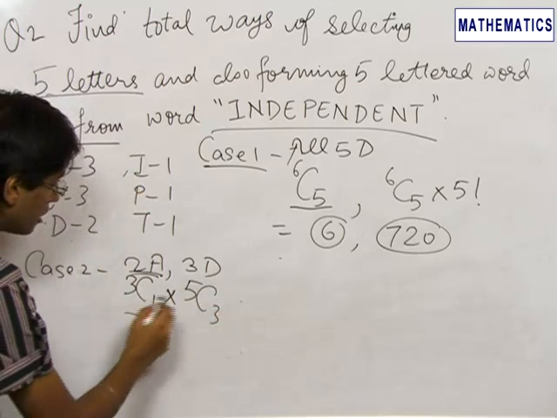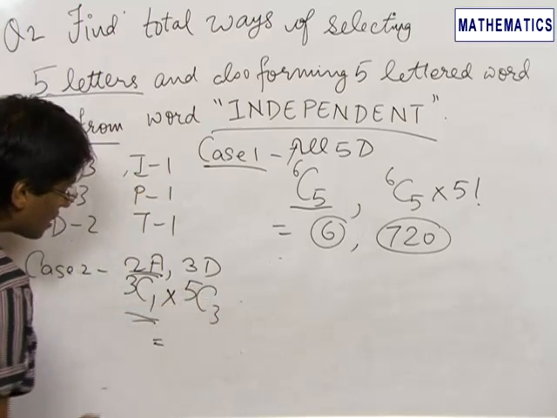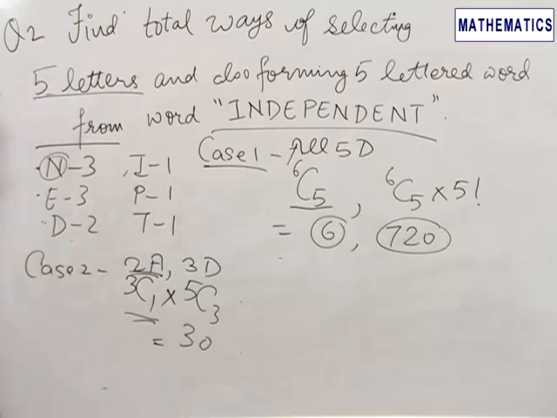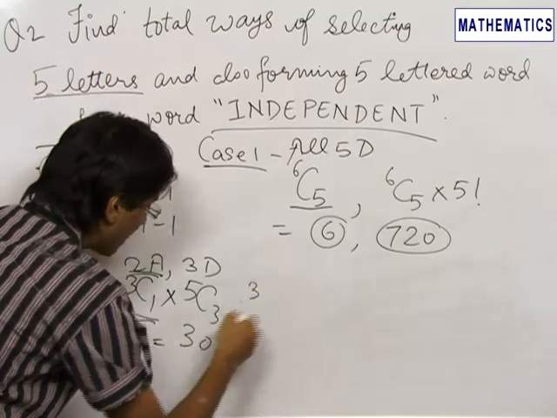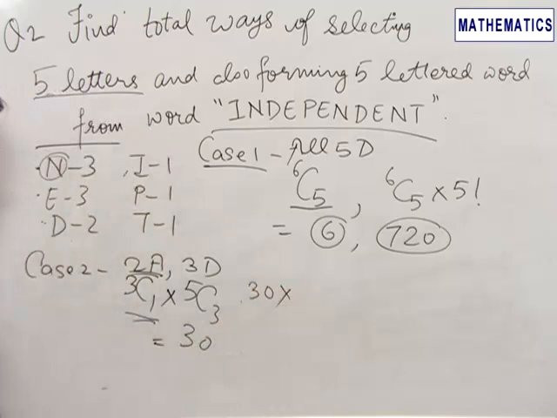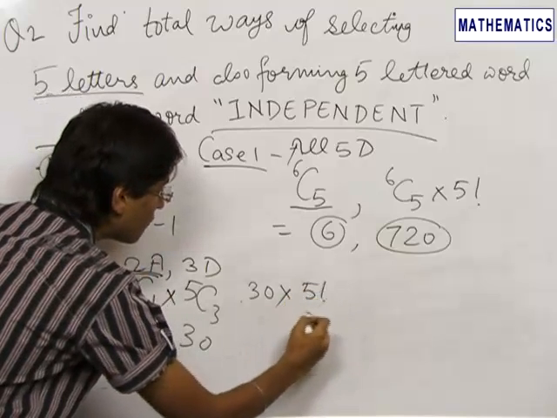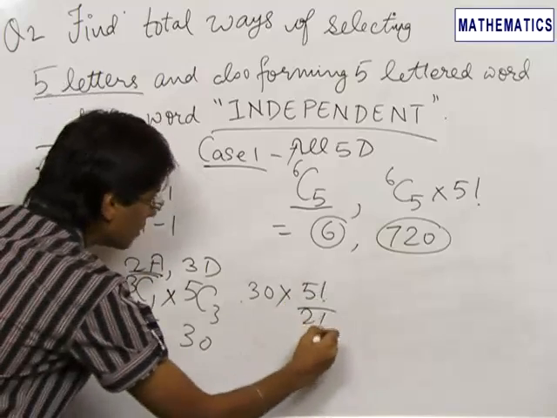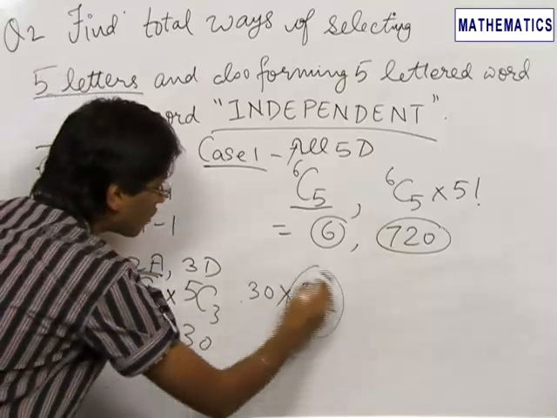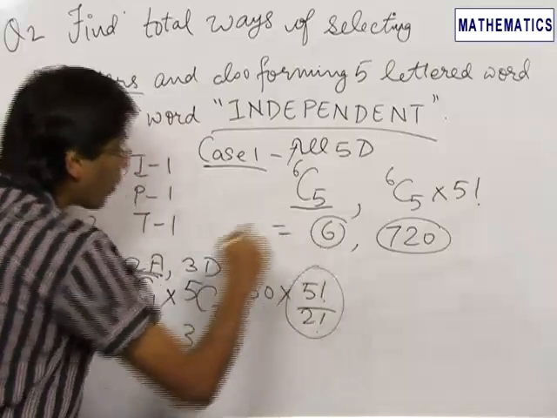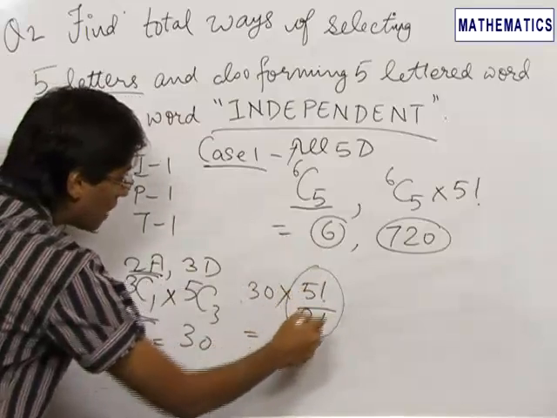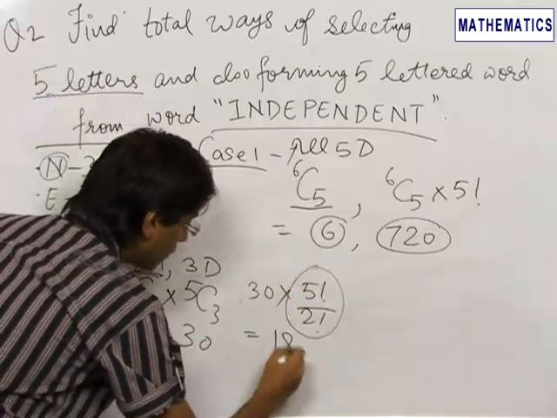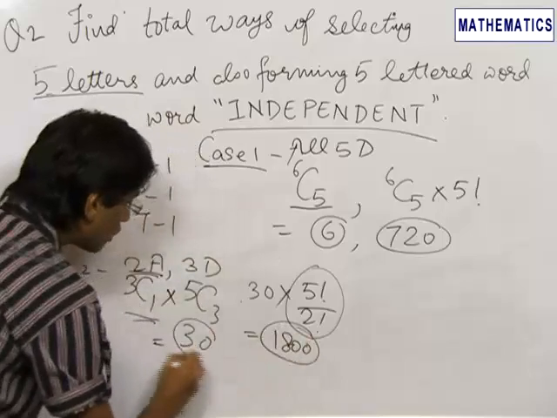So this becomes 3C1 into 5C3, that is 5C3 is 10 into 3, 30, and the words that can be formed are 30 into, now these 5 alphabets need to be arranged and they can be arranged in 5 factorial upon 2 factorial ways, since 2 alphabets are alike. So total number of words formed are 120 divided by 2, that is 60 into 30, 1800. We'll also remember this.